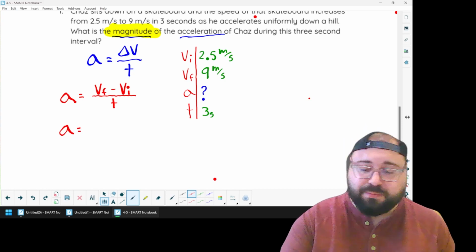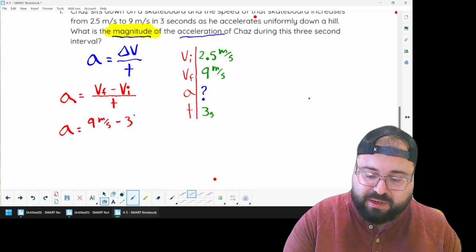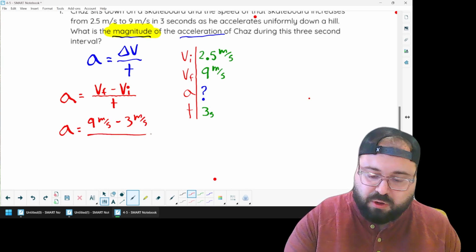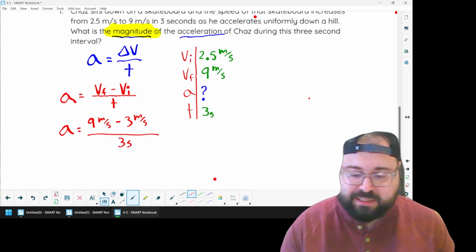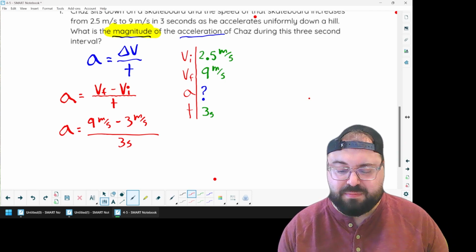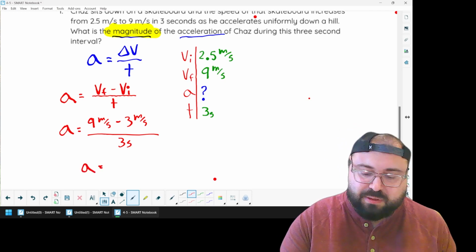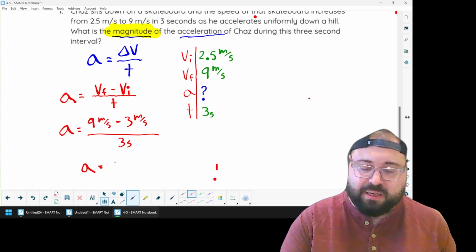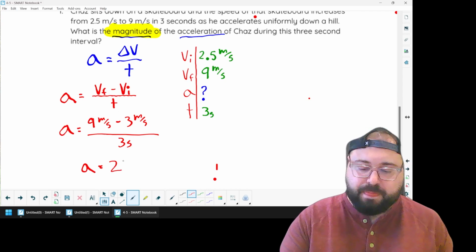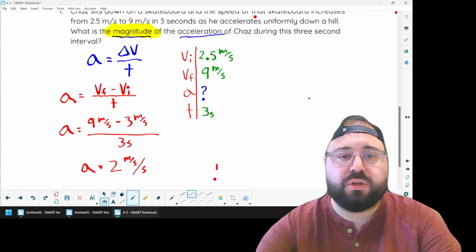Now I can substitute the values. I'm going to do 9 meters per second minus 3 meters per second, all over a time of 3 seconds. So what do we get here? We get 9 minus 3, which is 6, divided by 3. I think I can do that one in my head, and hopefully you can too. That is going to be 2. And the units, meters per second per second.